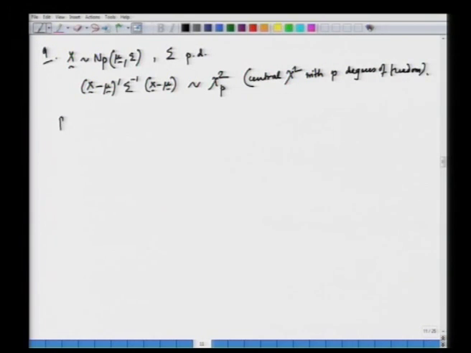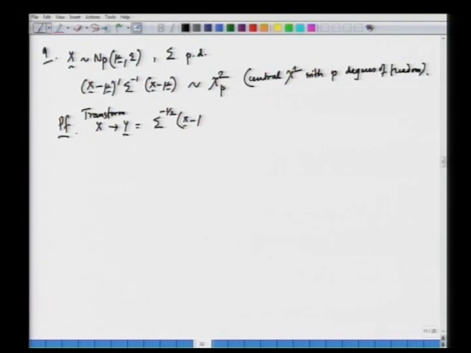To prove this, again we consider the same transformation that we have considered earlier from x to y, where y is the square root inverse of the sigma matrix times x minus mu. We have been particular here, we have written that sigma is positive definite, so no problem in defining the inverse of the square root matrix.